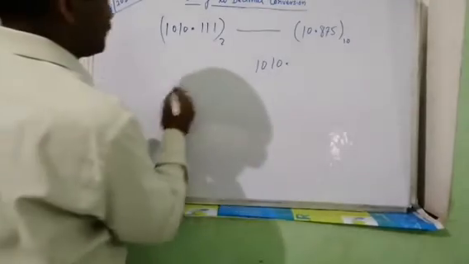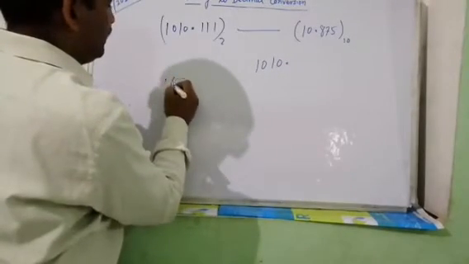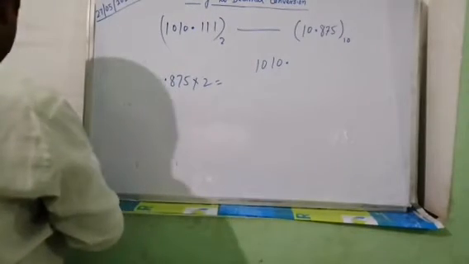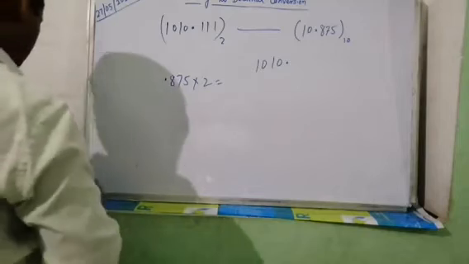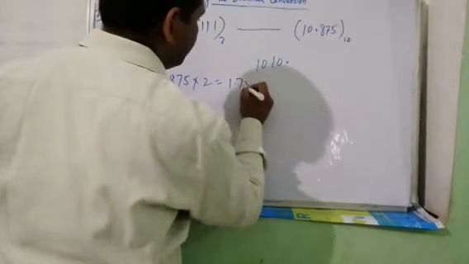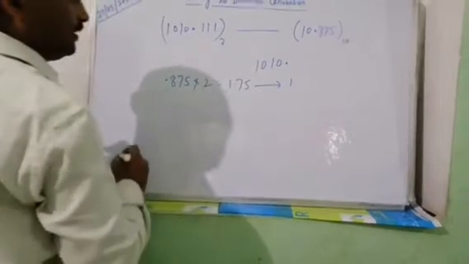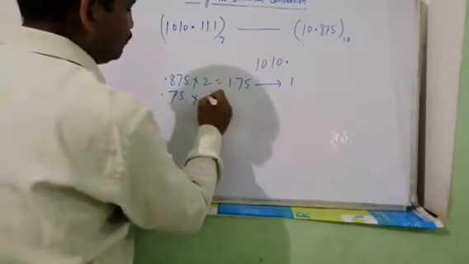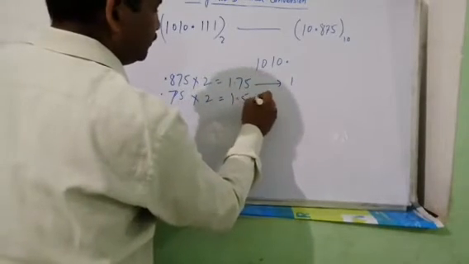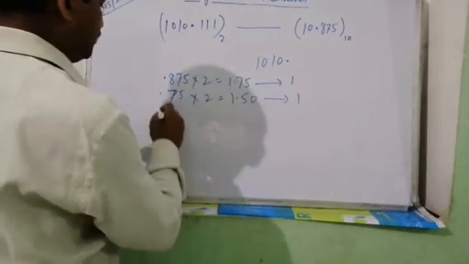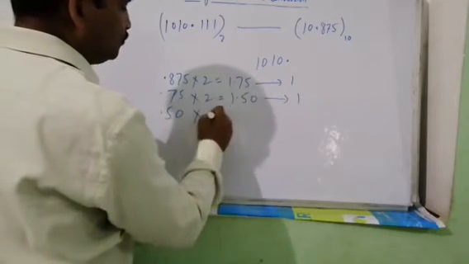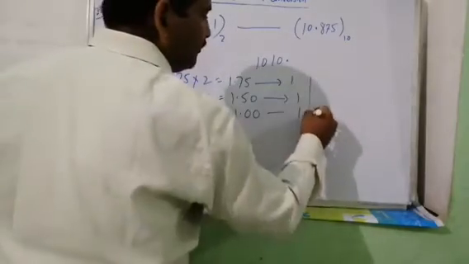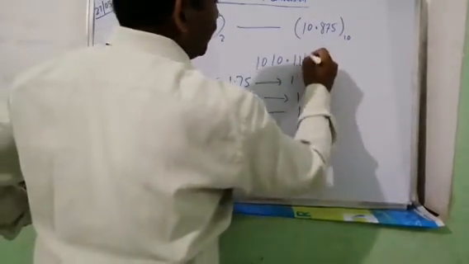For this, 0.875 into 2 equals 1.75. The integer part is 1. 0.75 into 2 equals 1.50. The integer part is 1. 0.50 into 2 equals 1.00. The integer part is 1. 1, 1, 1.